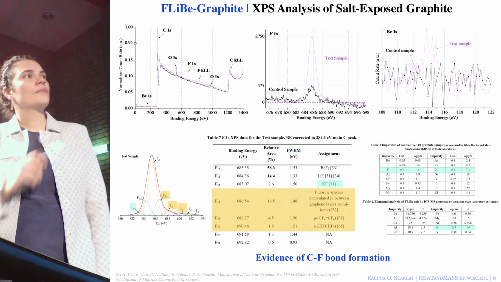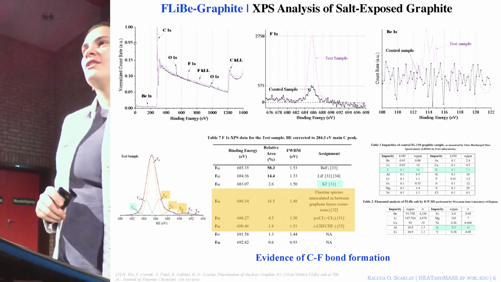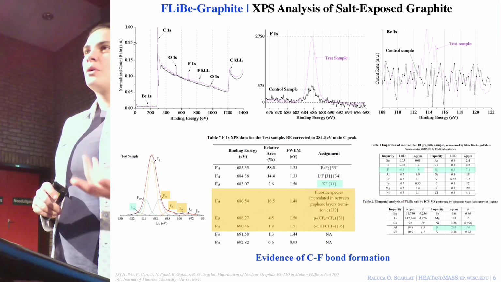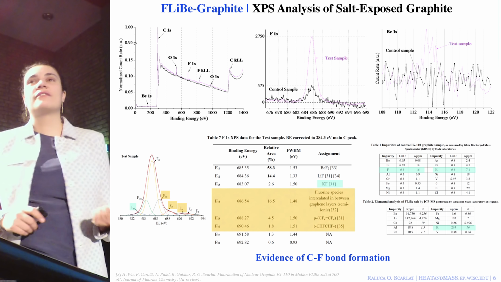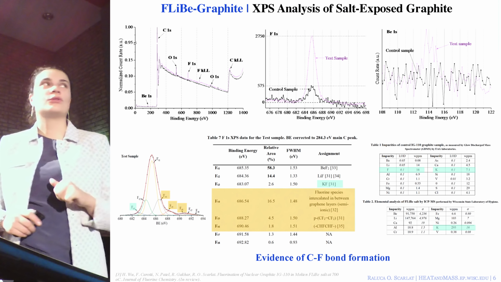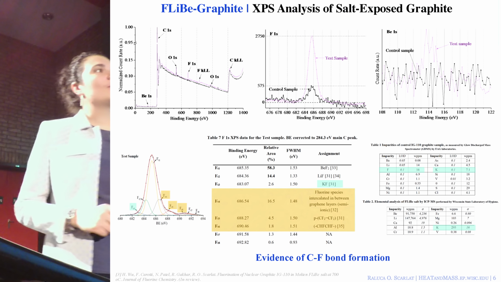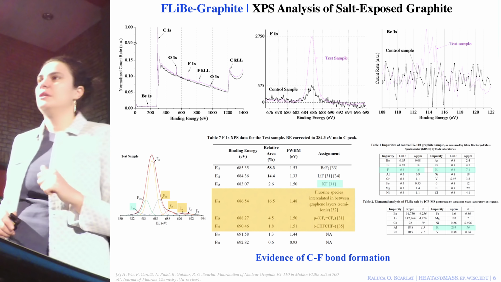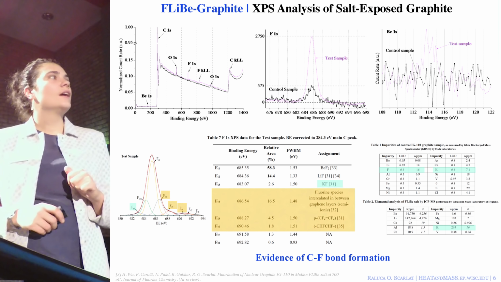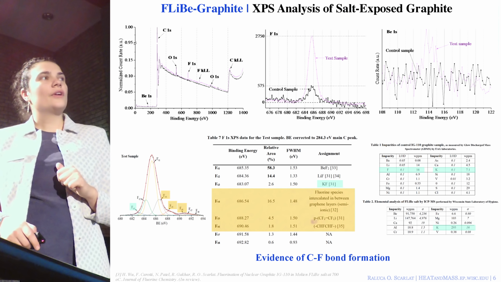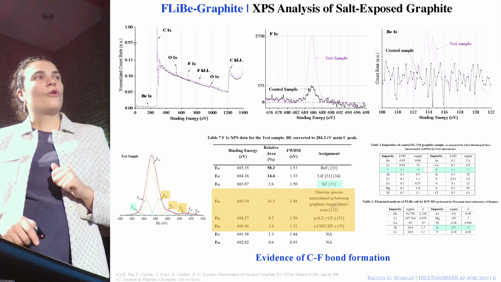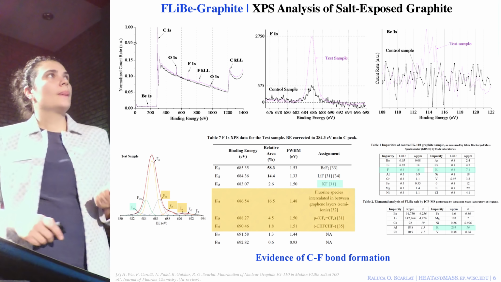However, if we look further into the chemical structure of the graphite before and after salt exposure, we found that that was actually not the complete picture. We found that there were carbon-fluorine bonds that were being formed on the graphite.